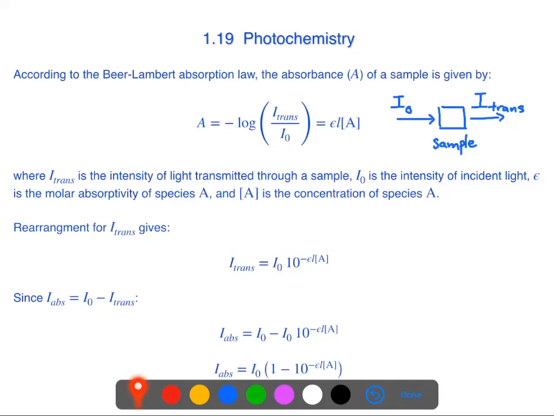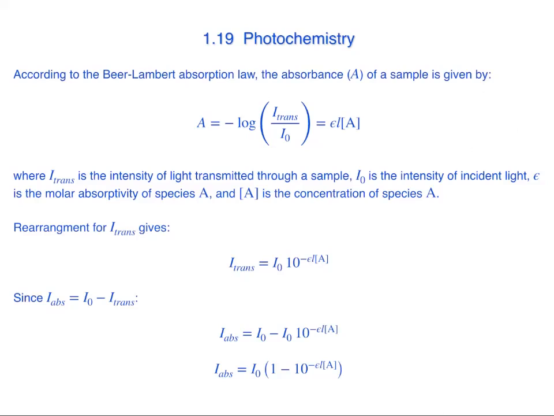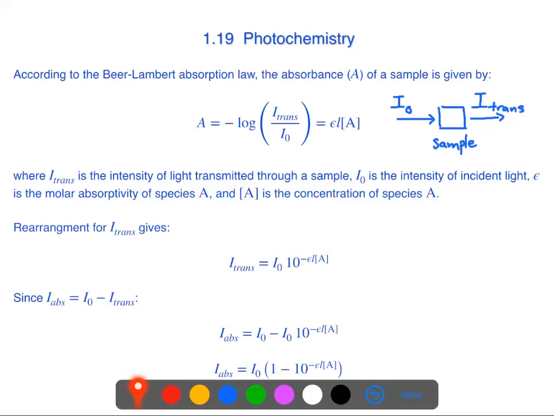And that gives us the following, where I abs is equal to I naught minus I naught 10 to the minus epsilon L concentration of A. Now we can factor out I naught, and that leaves us with this expression.